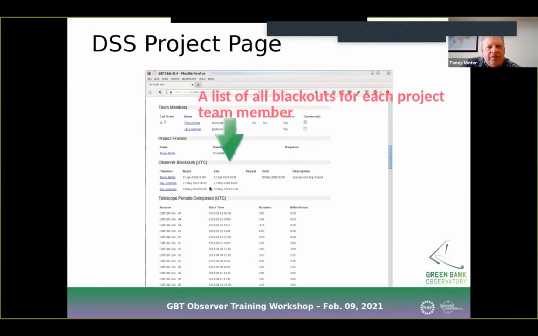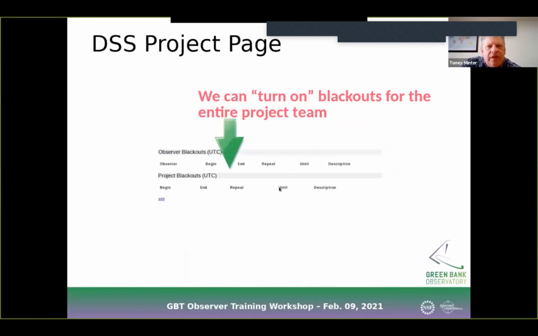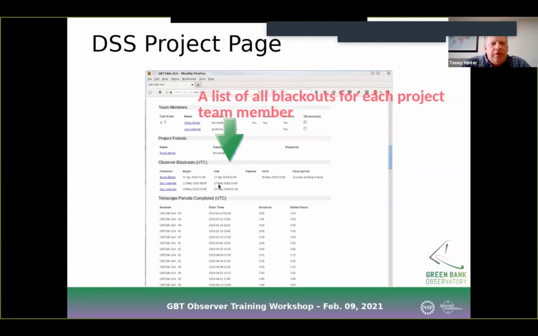Then you'll see a list of times when people can't observe that shows up below that and gives the time ranges. And there's another feature which is called project blackouts. So these observer blackouts, as long as one observer is available, then the project can be scheduled.